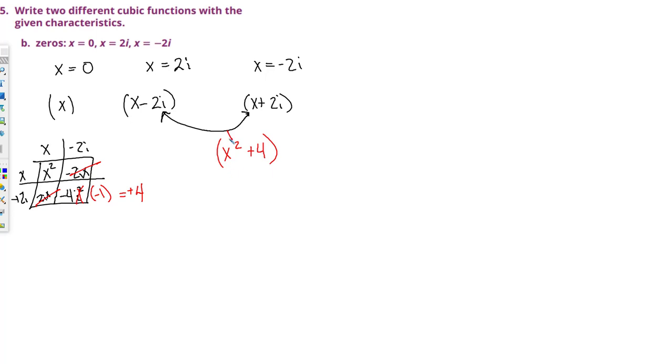So if you did these two, your graph will look something like this.